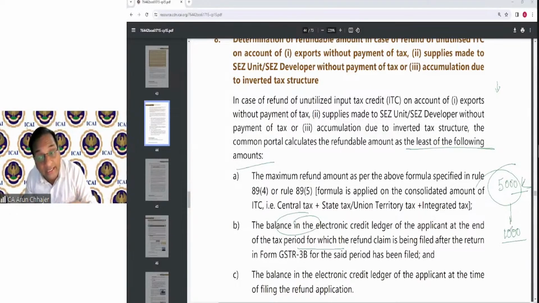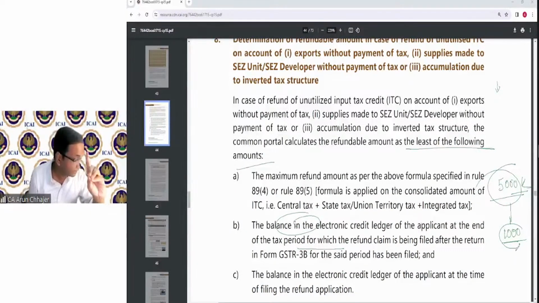The point is, as per the formula, the amount comes to 5,000. But if there is a lower balance in the electronic credit ledger, you have to check that too, as of the date. The amount lying in the electronic credit ledger will be as per 2B. So when I cover the amendment class, it will be 2B. This is a recent amendment.